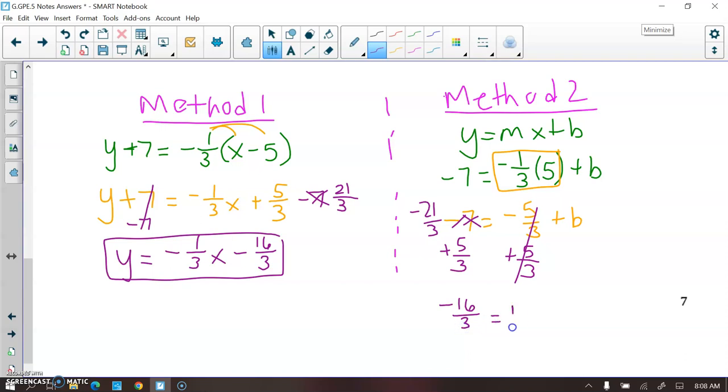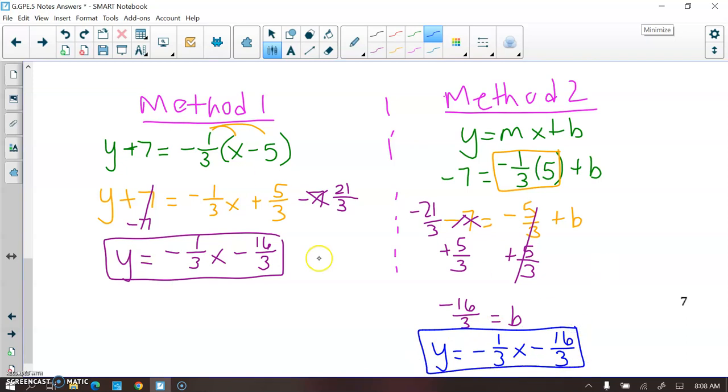And that is your b. So then I can write my equation in slope-intercept form. y is equal to my slope, which was -1/3, x, plus my b, or in this case minus b. And notice I get the same answer regardless of which method I used, and it is up to you which method you would like to use.